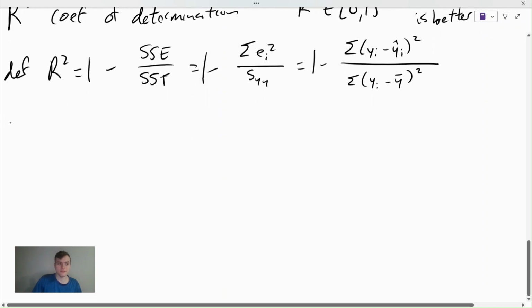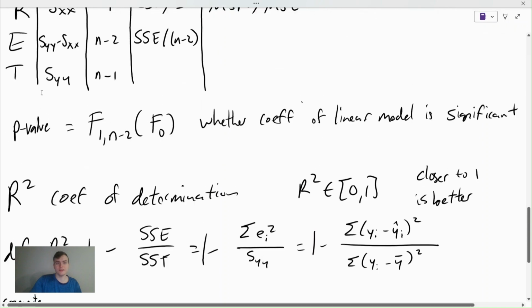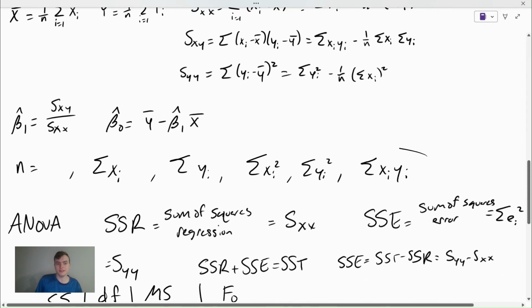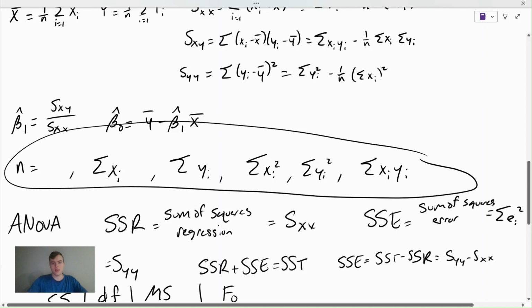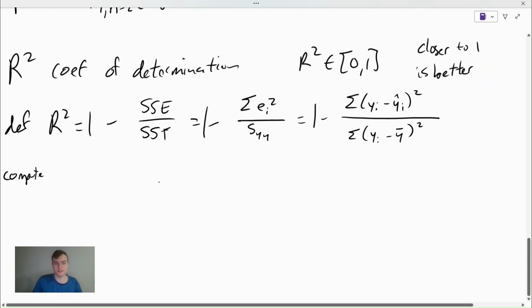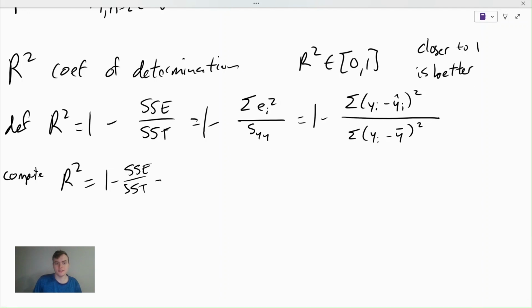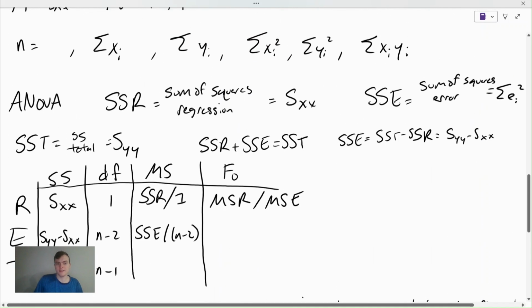And then how would we actually compute this quickly in terms of these quantities I showed above? Well, let's do some simplification. So 1 minus SSE over SST equals 1 minus (SST minus SSR) over SST, using the property that, right, this thing here.